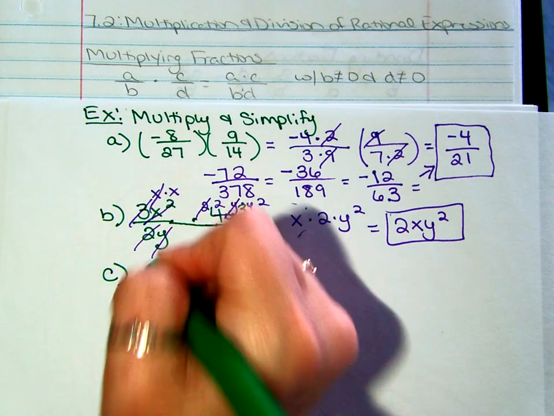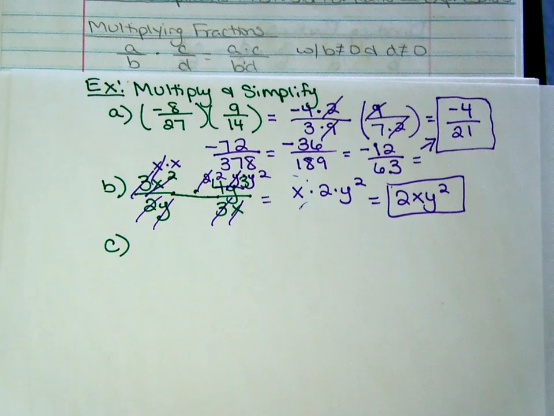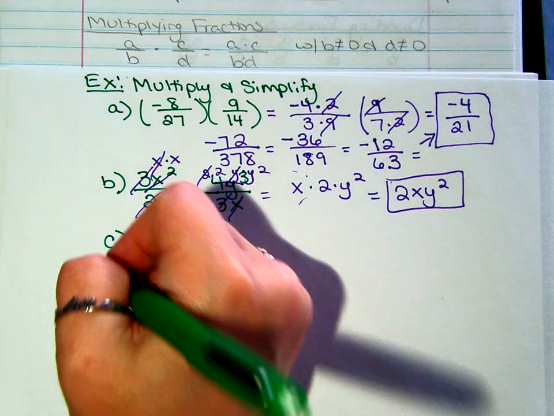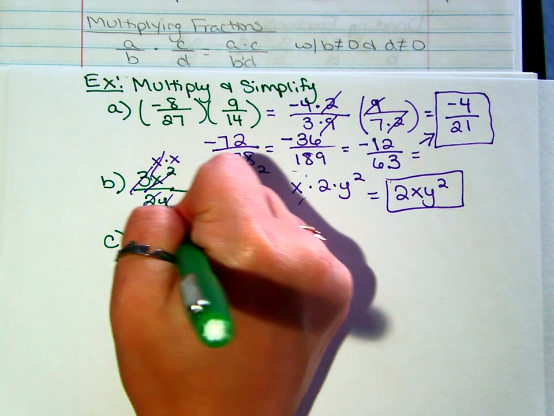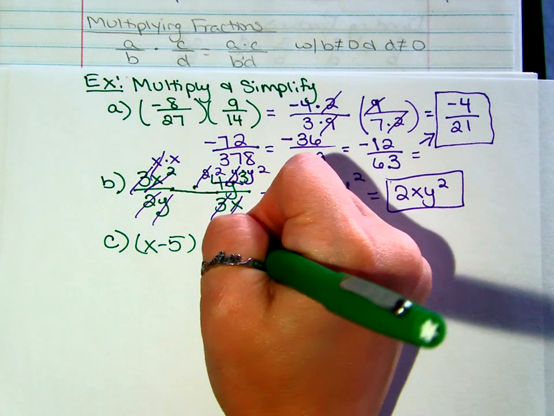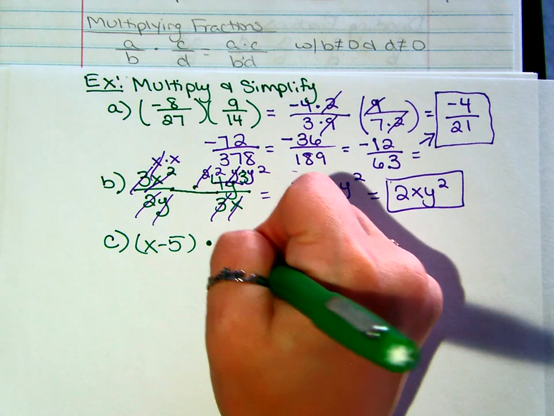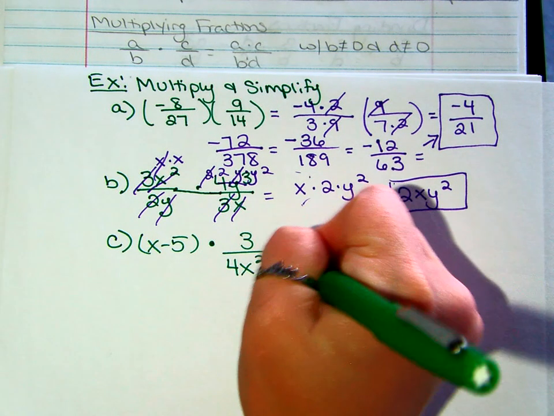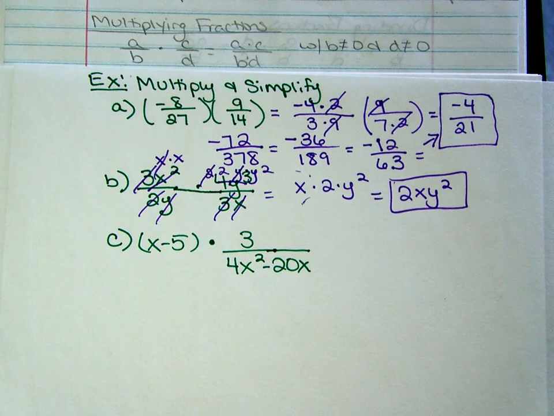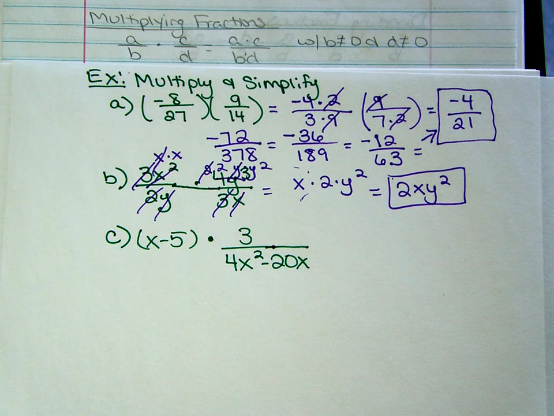All right, C. We have x minus 5 times 3 over 4x squared minus 20x. The x minus 5 isn't actually a rational expression, at least written the way that it is.